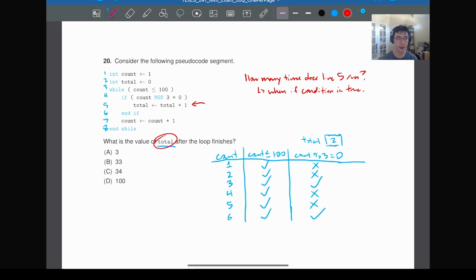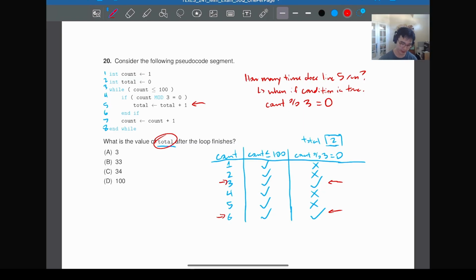So we know that the if condition is true when count mod 3, let me just draw the symbol, is 0. So what does that mean? Well, we see here and here, basically when I have a multiple of 3.